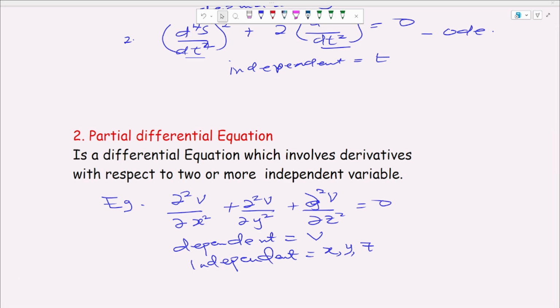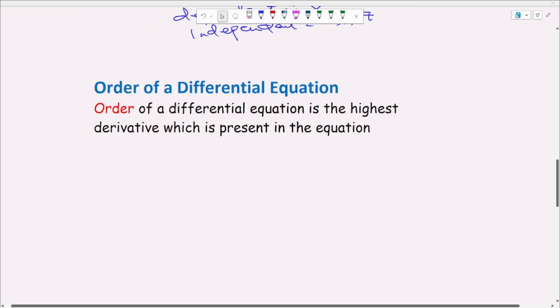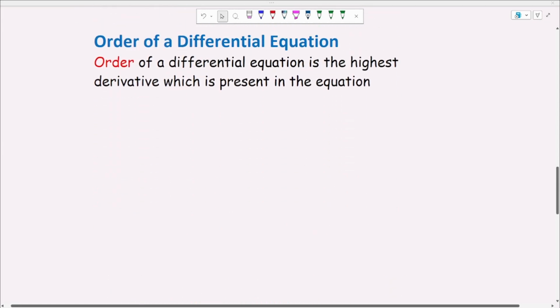All right, so we continue with the order of a differential equation. When we talk about the order of a differential equation, we are saying that it is the highest derivative which is present in the equation. What does it mean?